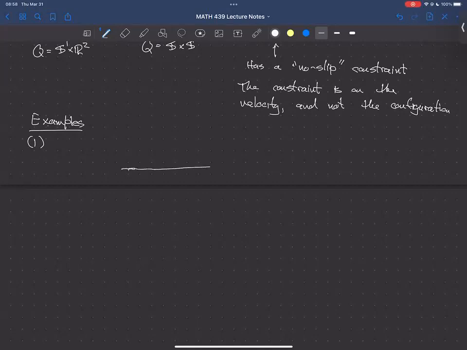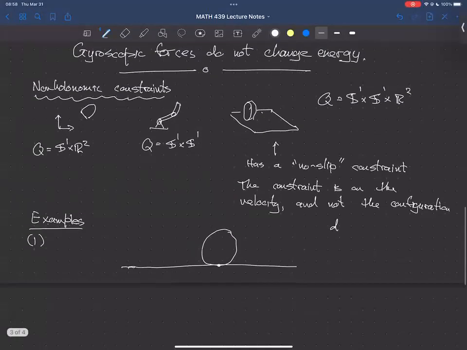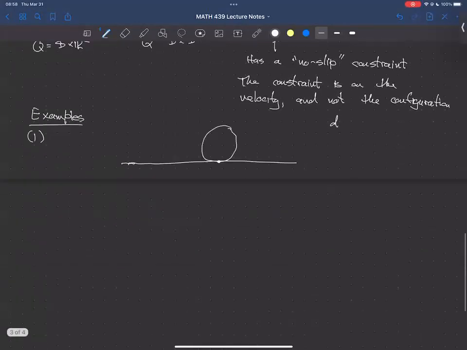The first example is just a disk moving in a line. It moves along a straight line like so, but it rolls. So this is a disk rolling in a line, and the other example up here is a disk rolling on the plane.